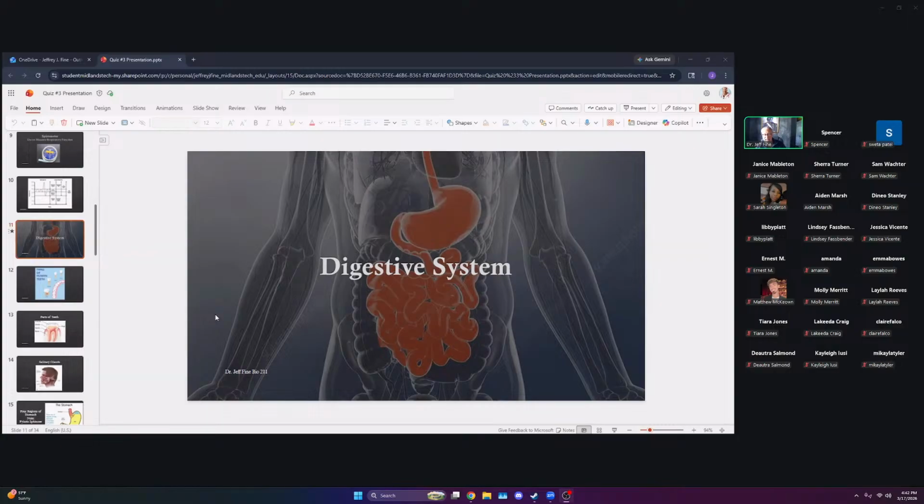So with the ascending colon, which goes up from the small intestine, then the transverse colon, cutting laterally across the abdominal cavity, and then the descending colon, of course, descending, and then the sigmoid colon before the large intestine becomes the rectum.